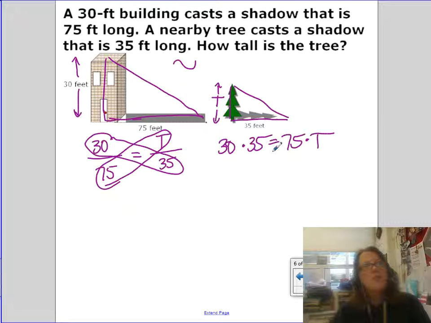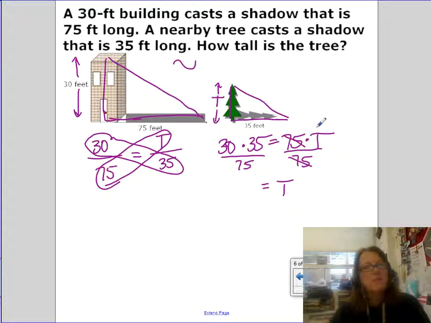Don't just say 30 divided by 35 divided by 75. I want you to show me the work on this side as well. So you get used to this idea. This is an equation. Whatever you do to one side, do to the other side, and your variable equals whatever this is. All right? If you need to, go ahead and grab your calculator.